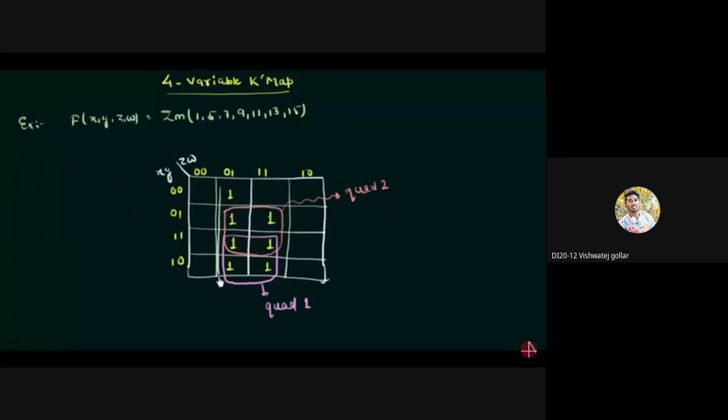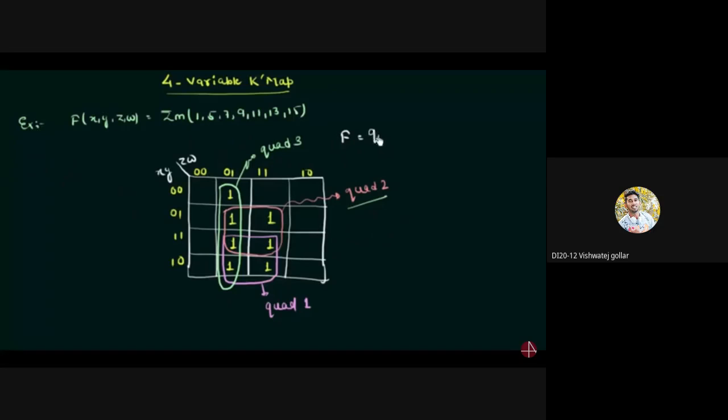I can make a group of these 4 ones to include this one, and we will name it quad 3. So actually in this example we have 3 quads of 1, and we can now write the function f.